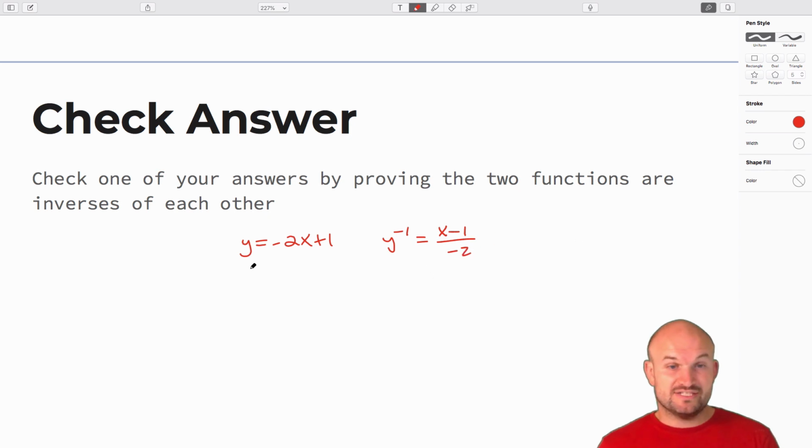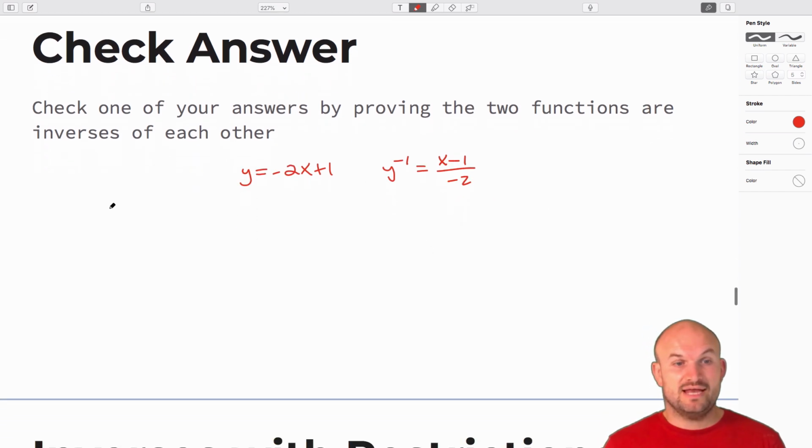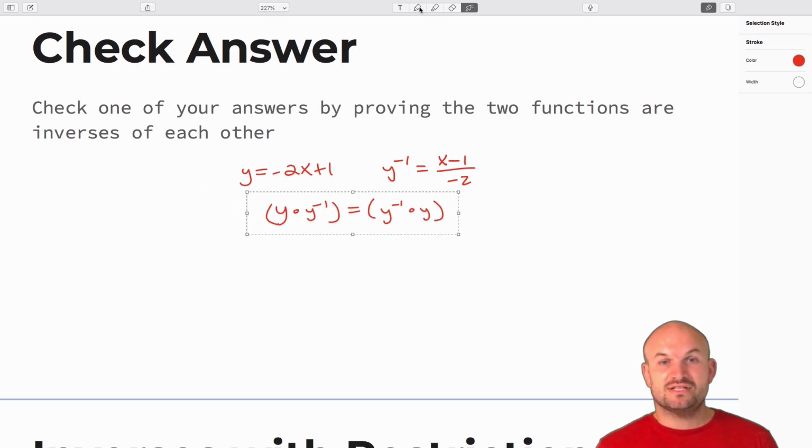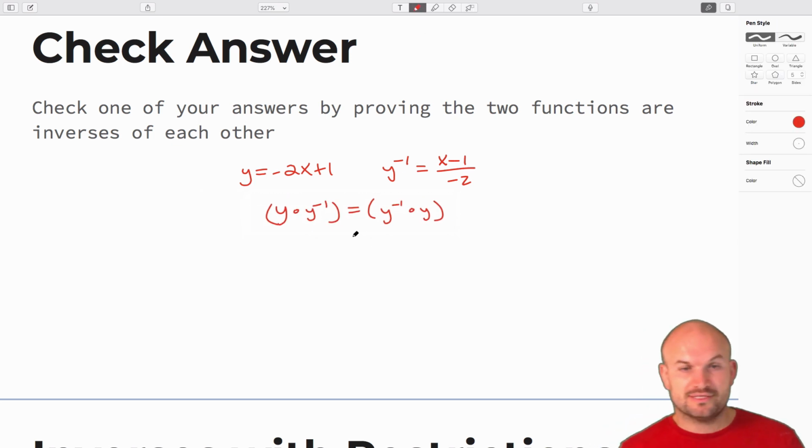Okay, so again, if these are inverse functions of each other, then the inverse composed with the function is going to equal the function composed with the inverse. Basically meaning if you plug one function into the other and the other function into the first, then they're always going to equal exactly x. So let's see what exactly that's going to look like.